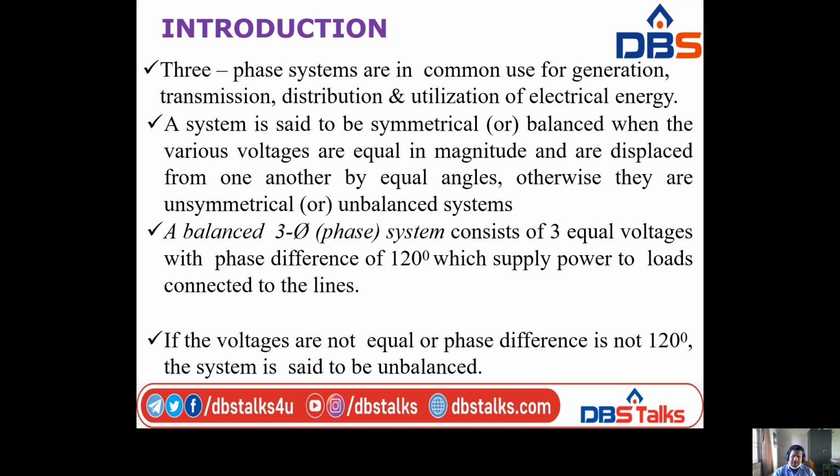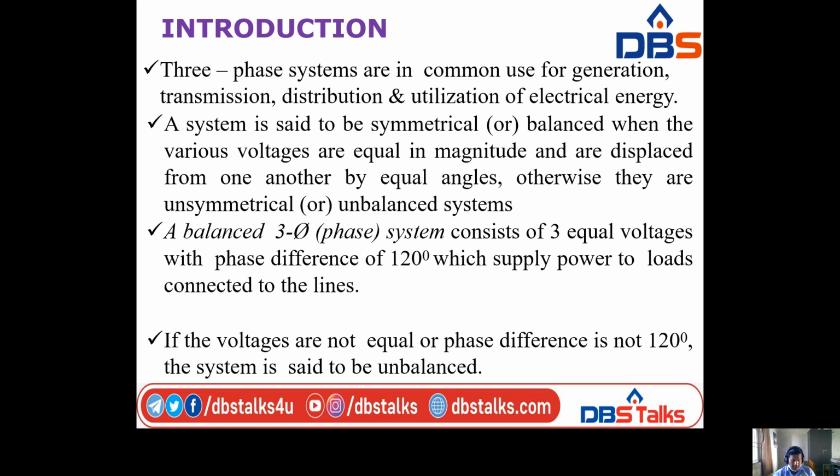Generally, for an n-phase system, there are n equal voltages separated by an angle of 2 pi by n, or 360 degrees by n. This 2 pi by n equation must be applicable to all types of polyphase systems.